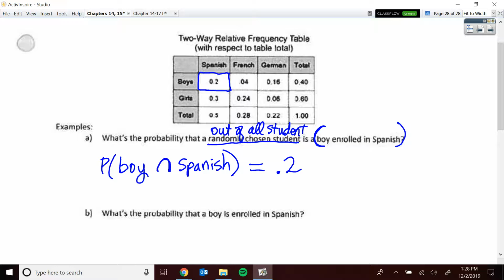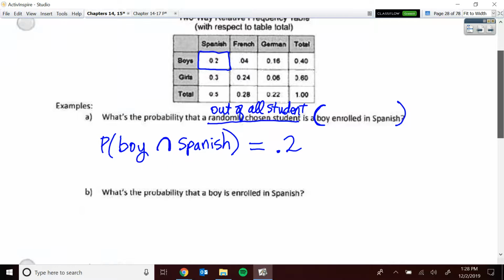But from there on out, the facts change because we have something that is a known fact. It's not just pulling from all students. B says, what's the probability that a boy is enrolled in Spanish? What is a fact that we know? Yes. What is the probability that a boy is enrolled in Spanish?